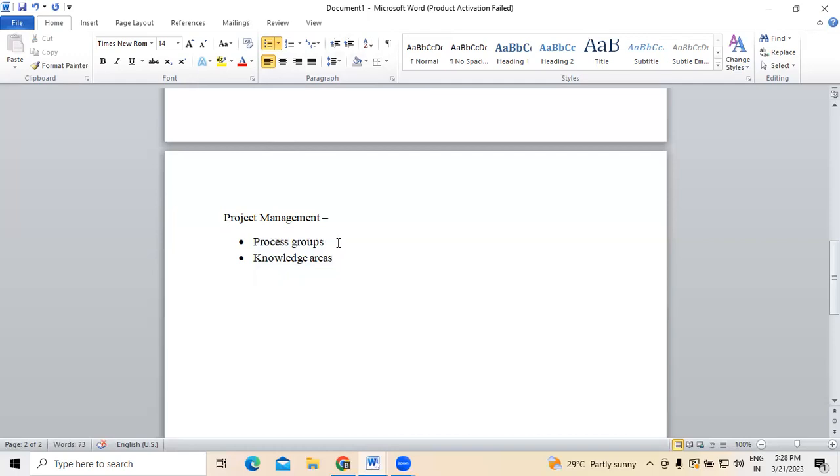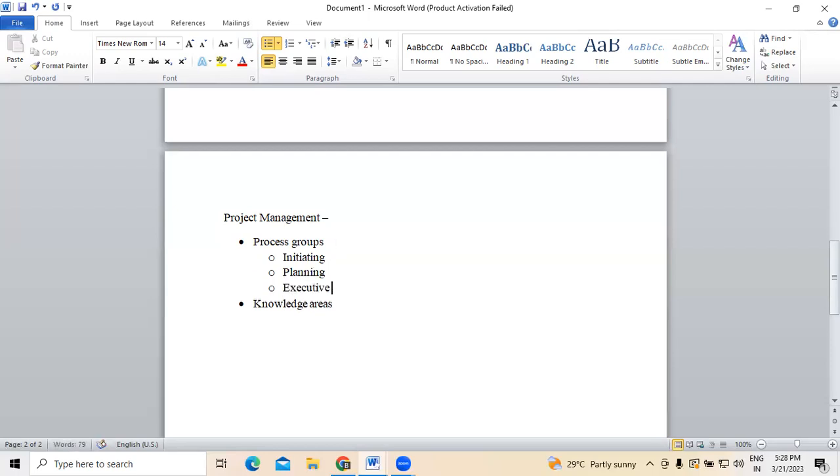So as far as process management is concerned, these process groups have different stages. The first stage is called initiating. The second stage is called planning.